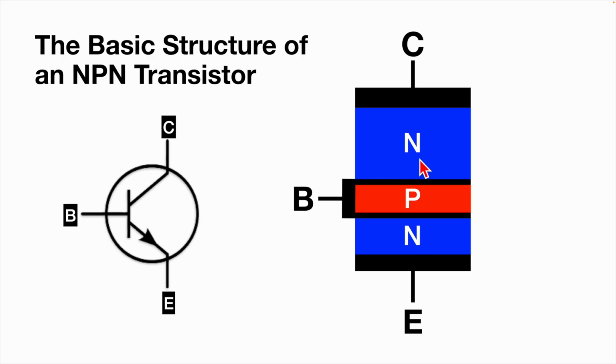So if we just look at the top here, between the collector connected to this top N and the base connected to the P in the middle, you've got a conductive surface here and a conductive surface here, and a gap. That gap may be empty space, it may be filled with something else, as it is with the transistor, but two conductive surfaces with a gap in between, at different voltage, you've got capacitance.